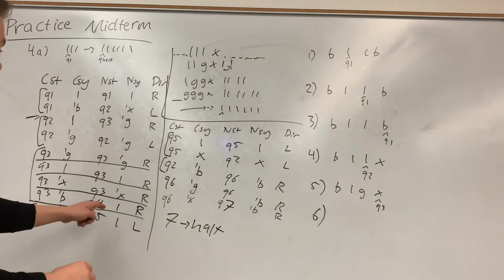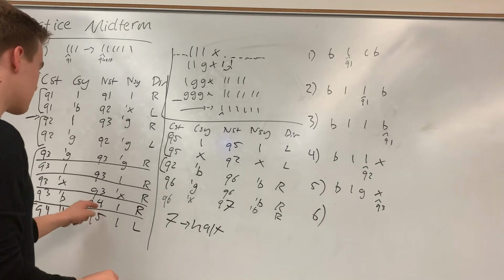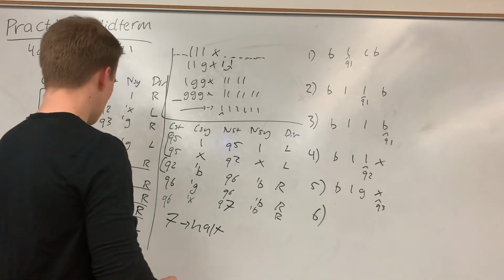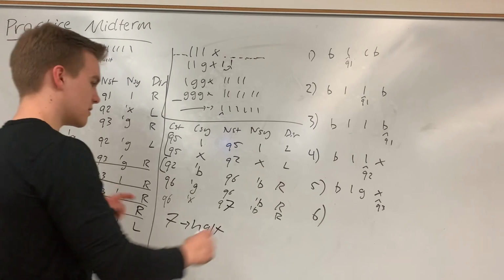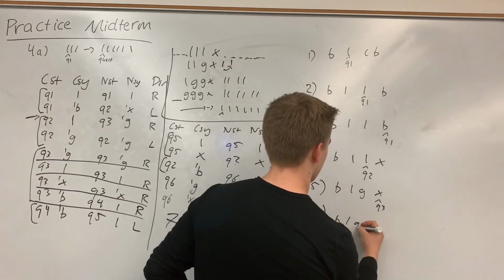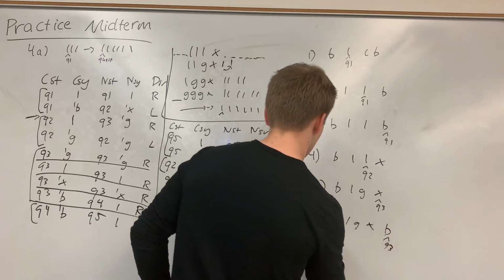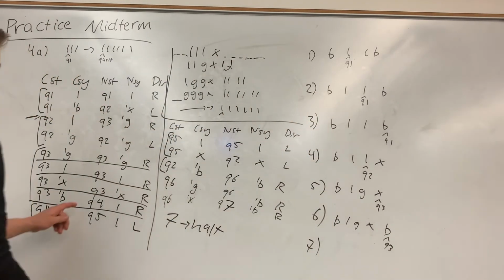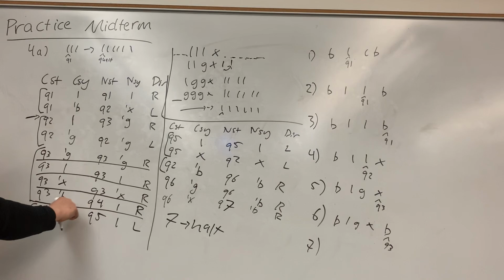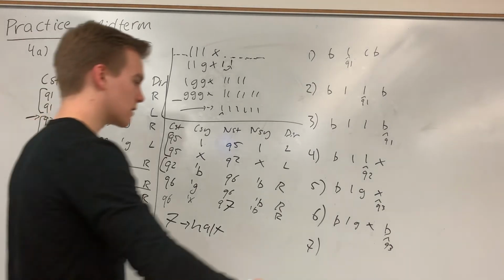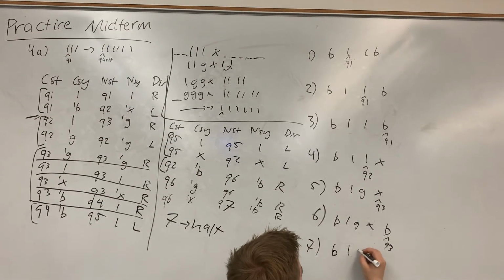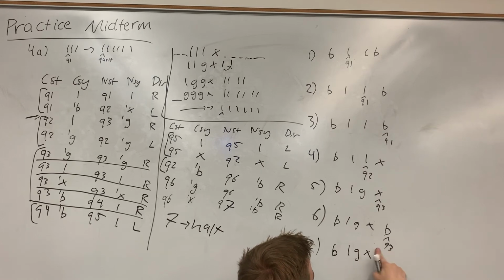Okay, so Q3 first encounters an X, stays in Q3, moves to the right, B1GX, blank, Q3. In the 7th configuration, it changes that blank here to a 1, moves to Q4, blank, 1GX, X1, Q4.